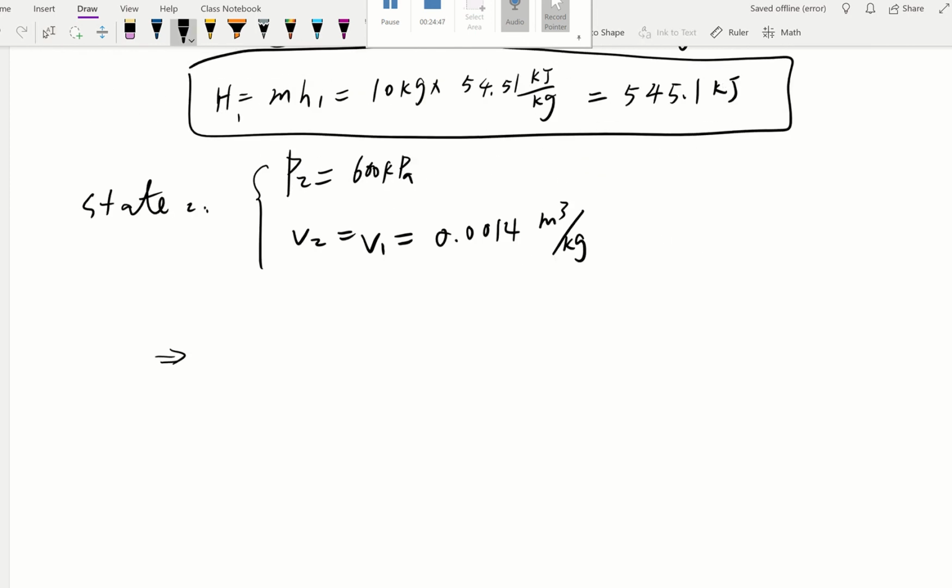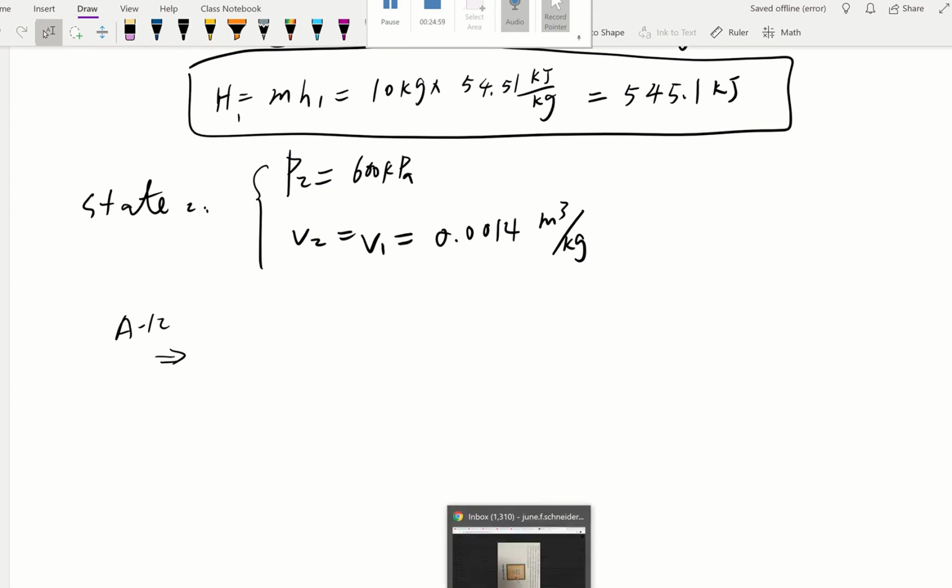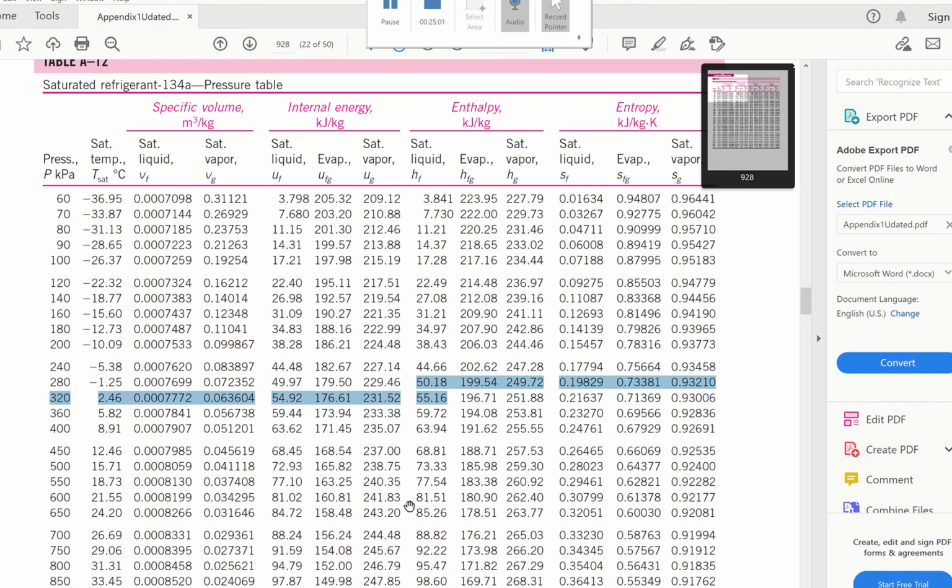Hopefully this time we don't need to do a linear interpolation. We have the table right there. So which table? A12, because it's R134. So go to the R134 table, and it's 600. Yes, we have 600. Before we do anything, we need to compare VF and VG.